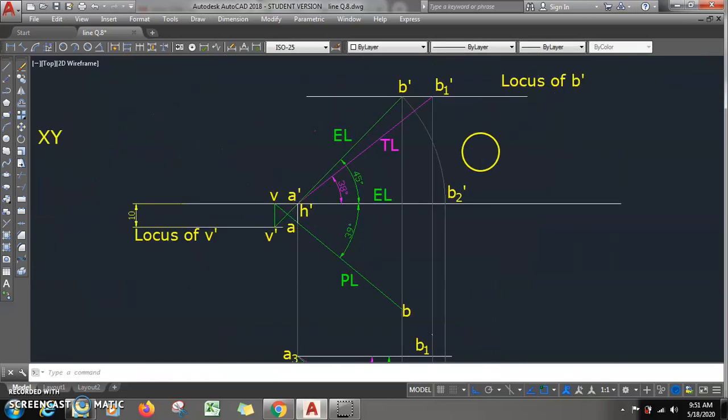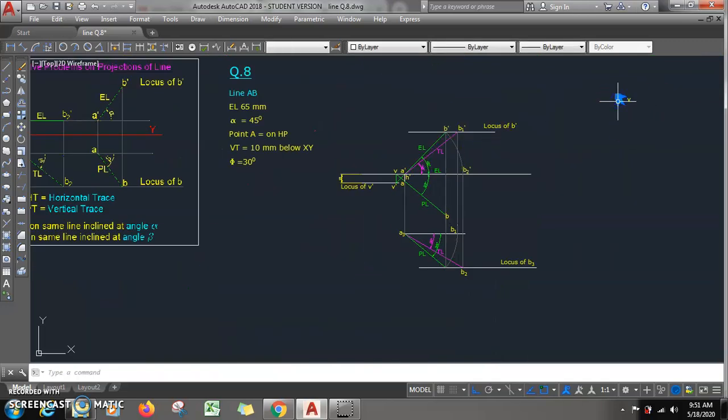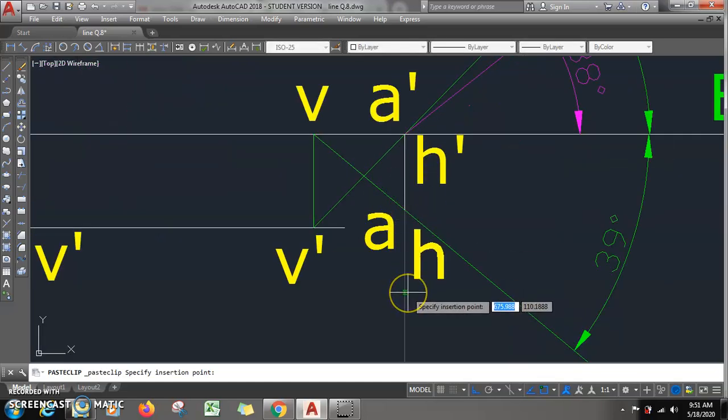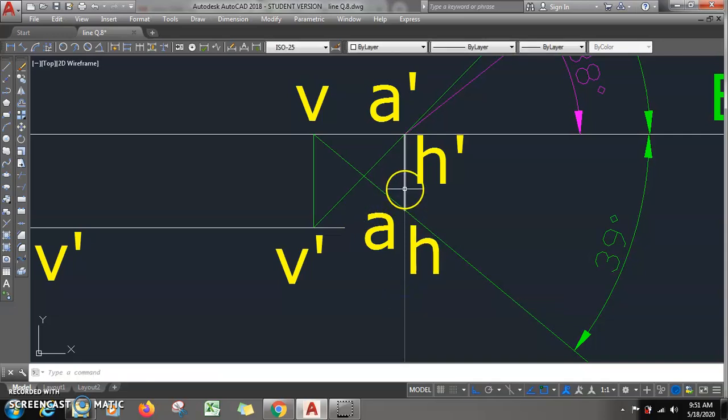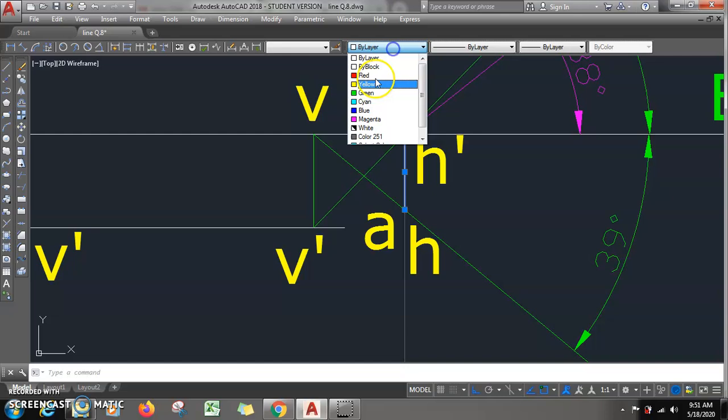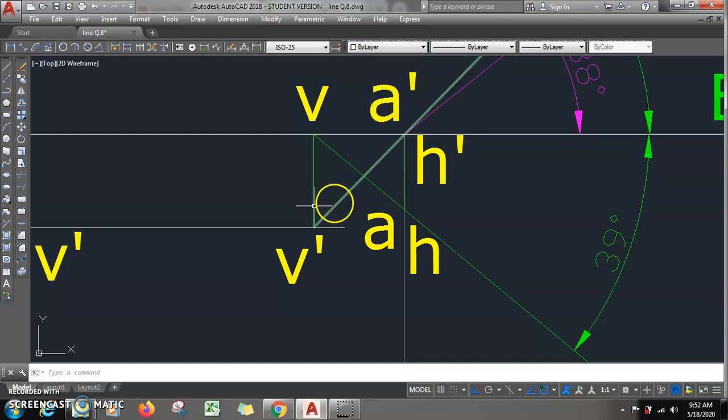Okay, and at point A itself there is H. At point A itself there is point H, and this is to be shown by dark color.